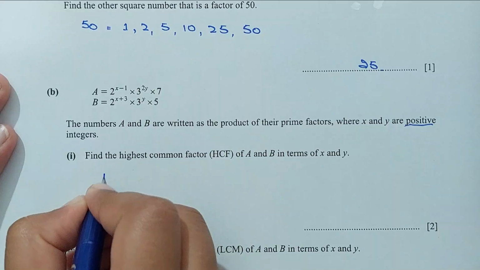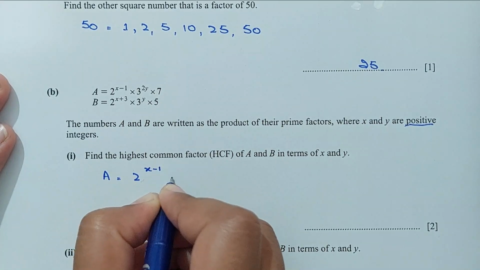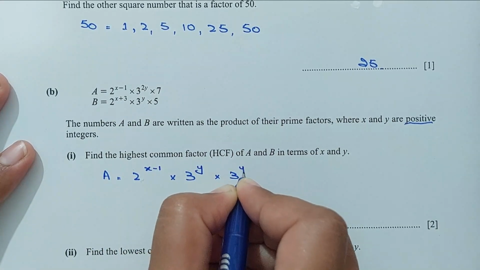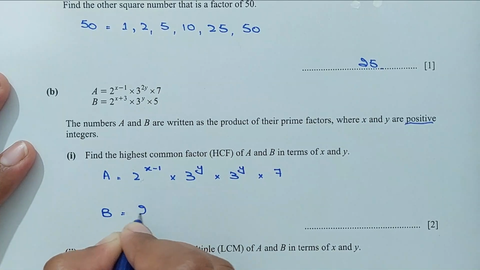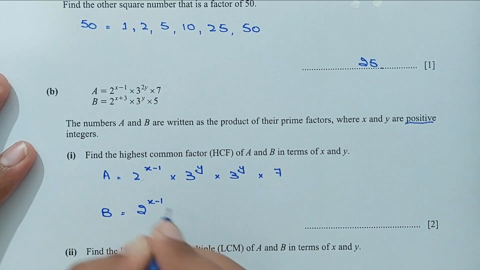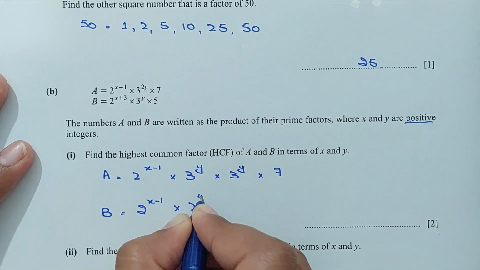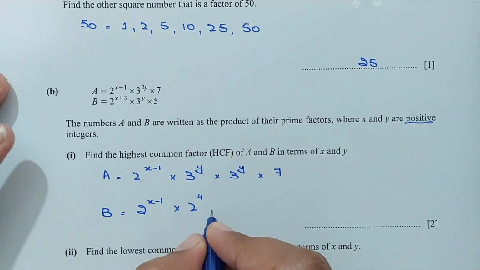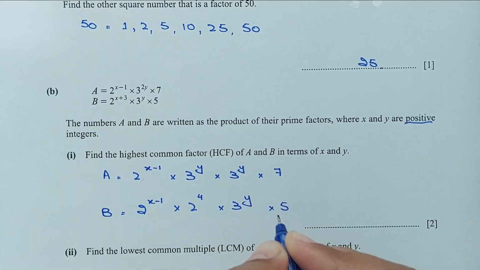Let me write down A is 2 to the power of x minus 1 times 3 to the power y times 7, and B is 2 to the power x plus 3 times 3 to the power y times 5.